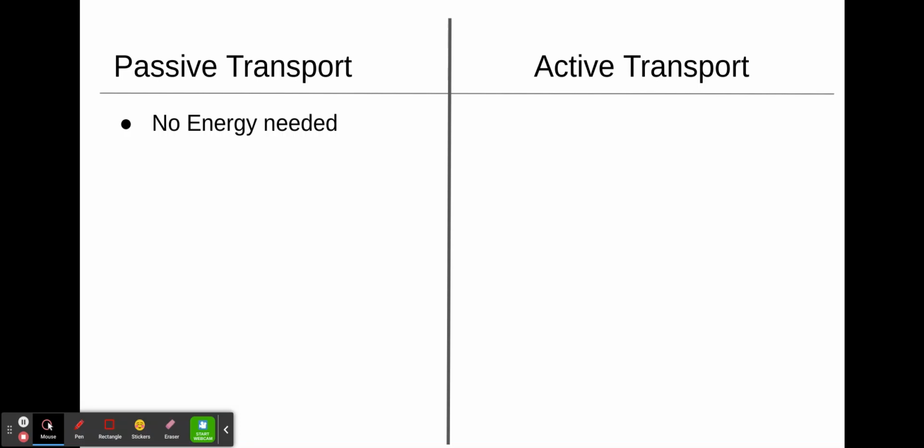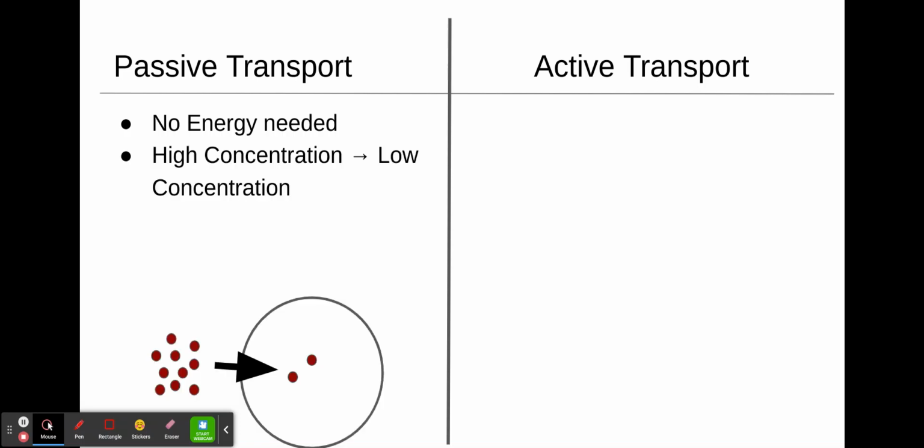So osmosis and diffusion don't require energy in order to move. So no energy needed.